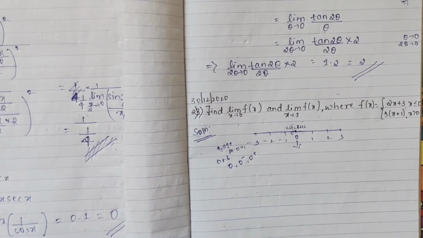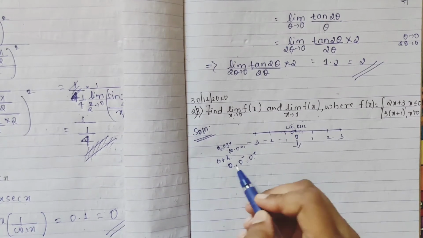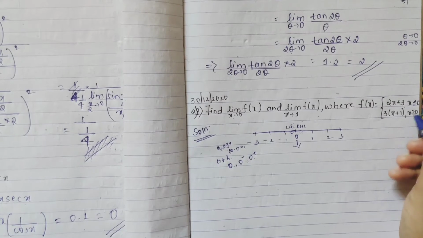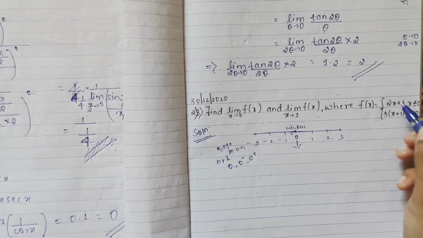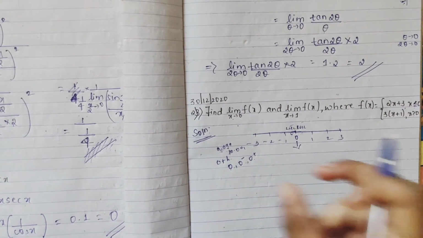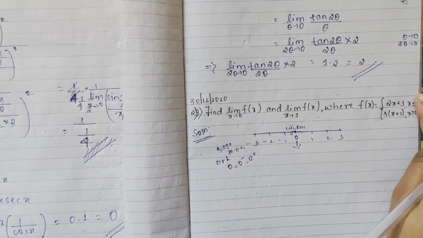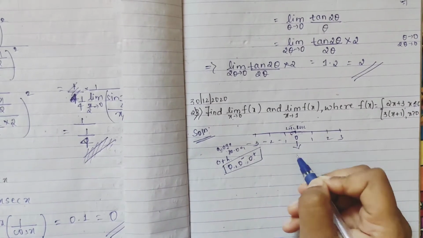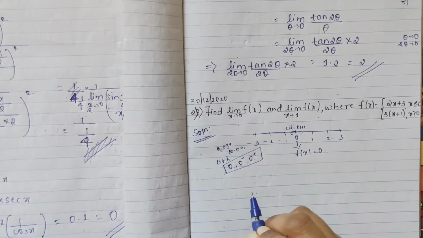Now you see the functions which you have to take for your LHL and RHL. At x equal to 0, for that you have to see the conditions. Here the conditions are also given, and they will help you decide which function to take. Now you have two functions, so you may be confused about which function to take for this f of x. For that, these conditions will help. At 0, f of x at x equal to 0, first you have to check, right?